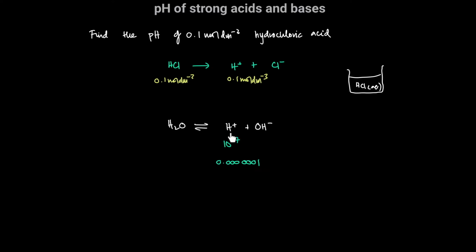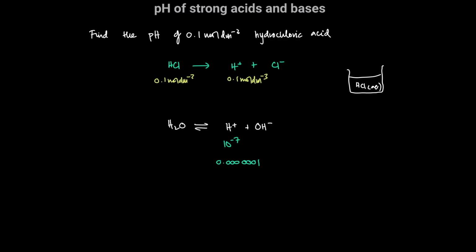You can assume that water is such a small contributor to the concentration of H plus ions. So few H plus ions are coming from water that you can assume this is negligible. So you can ignore the concentration of H plus ions coming from water. You can assume all the H plus ions are coming from the acid.